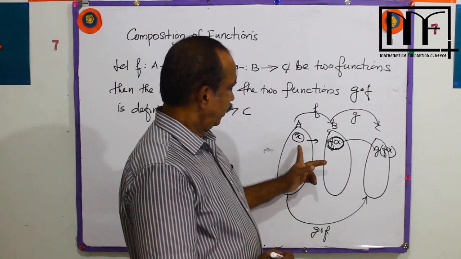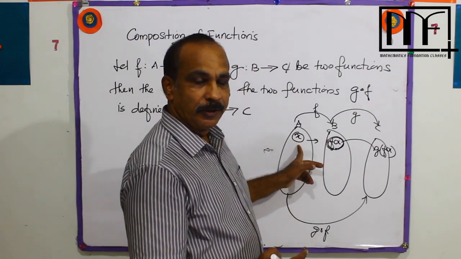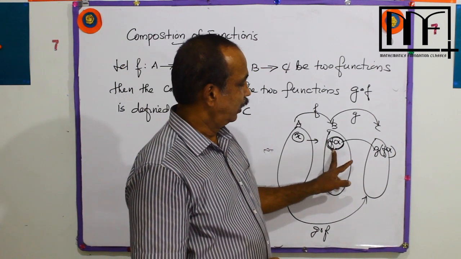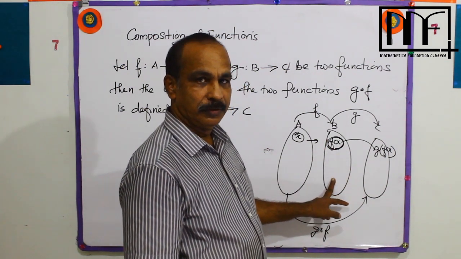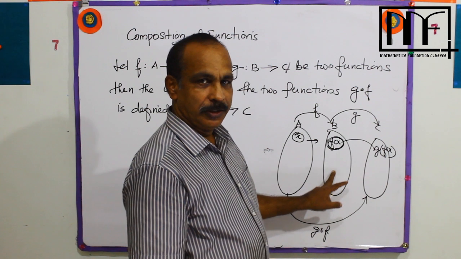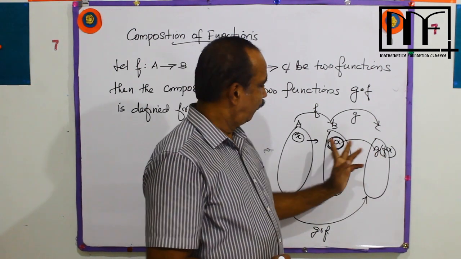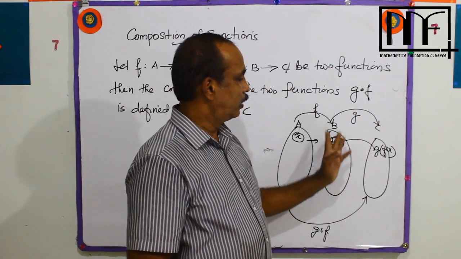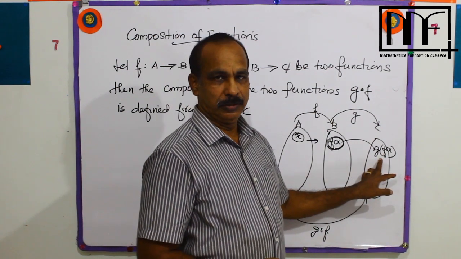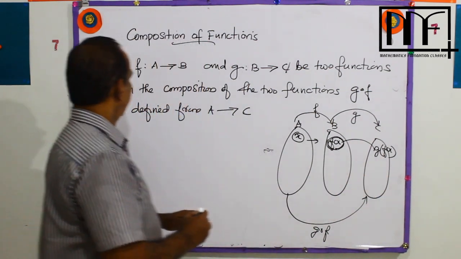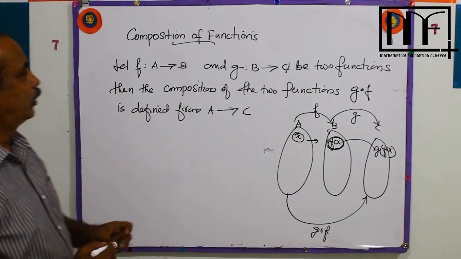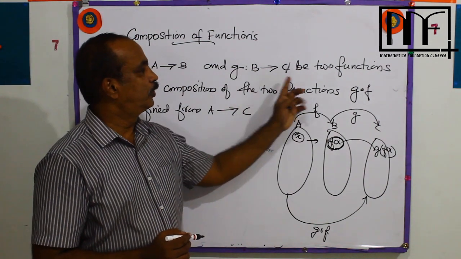So x is the element in the domain and f(x) is the element in the range. Then in the function g, f(x) is the domain element and g(f(x)) is the range.